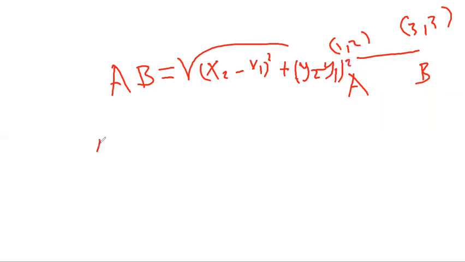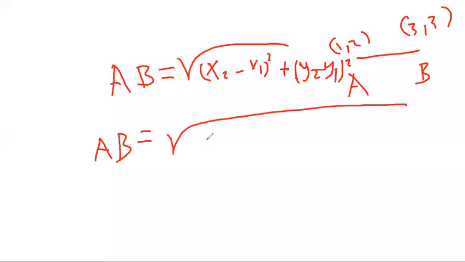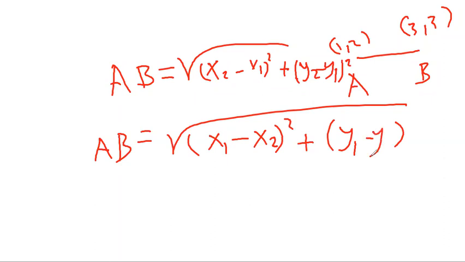Again, the rule: the length of a line segment, if I know the two end points, will be the square root of (x minus x) power 2, I mean x1 minus x2, or x2 minus x1, any x minus x, plus (y minus y) power 2.